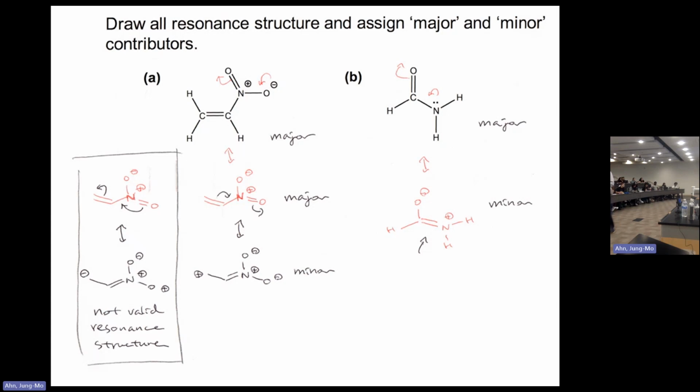Yet it is still the minor contributor, because octets are all filled here and there, but the difference between these two is that we get charge separation here, and this one does not. So it's still a minor contributor, but it signifies why these bonds are so stable.